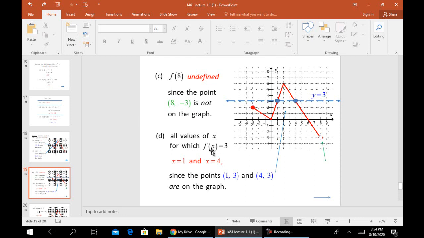Well, because I want the range value, or the output, to be 3, along the y-axis I pick 3, and I make a horizontal line here, and the horizontal line intersects the graph at 2 points, and at these 2 points the x values are 1 and 4. So that tells me that f of 1 and f of 4 are 3. So if I'm solving the equation f of x equals 3 for x, then x would be 1 and 4.